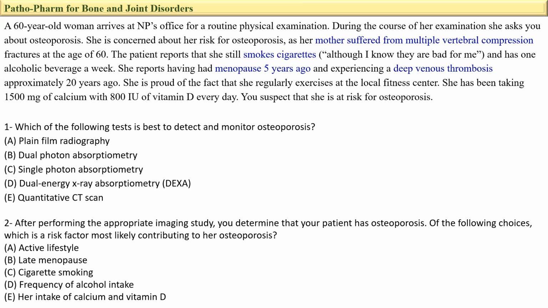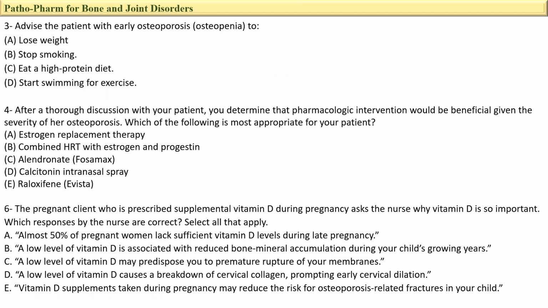So C reflects that concept. Then question number 3, which is relevant to question number 2, the answer is to stop smoking. It's a continuation from question number 2.